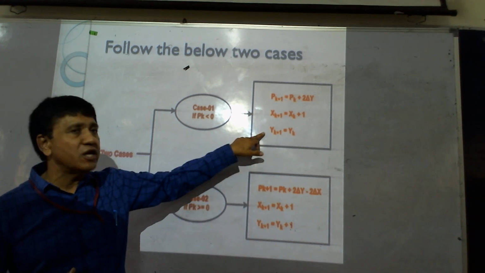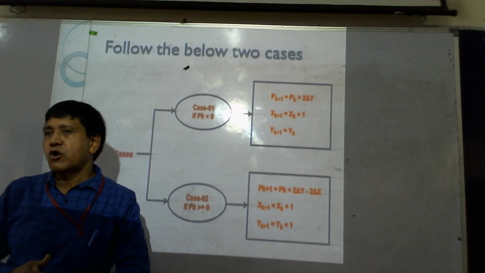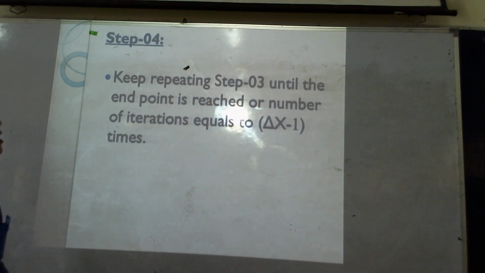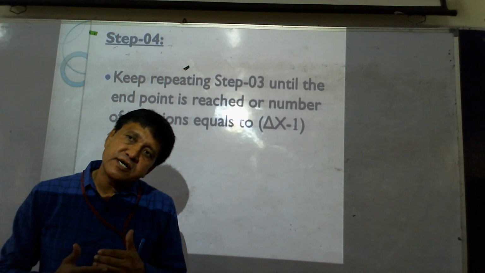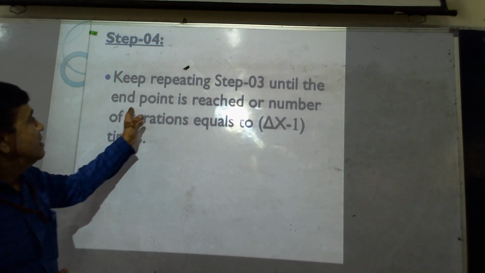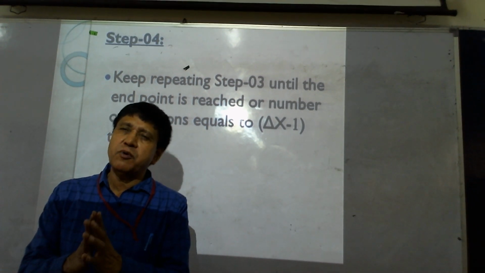This is the way of calculating the next pixel coordinates using the Bresenham line algorithm. These steps of calculating the next pixel coordinates continue until, during the calculation, we reach the given endpoint.